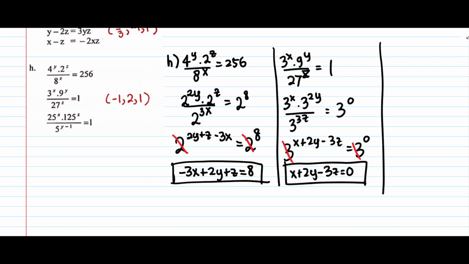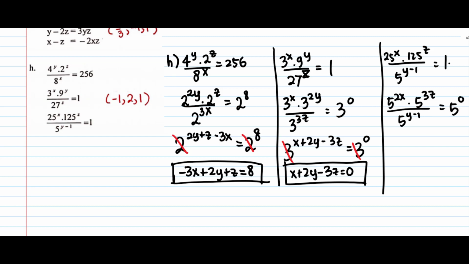The third one is 25 to the power of x times 125 to the power of z over 5 to the power of y minus 1 equals 1. 5 to the power of 2x times 5 to the power of 3z over 5 to the power of y minus 1 equals 5 to the power of 0.